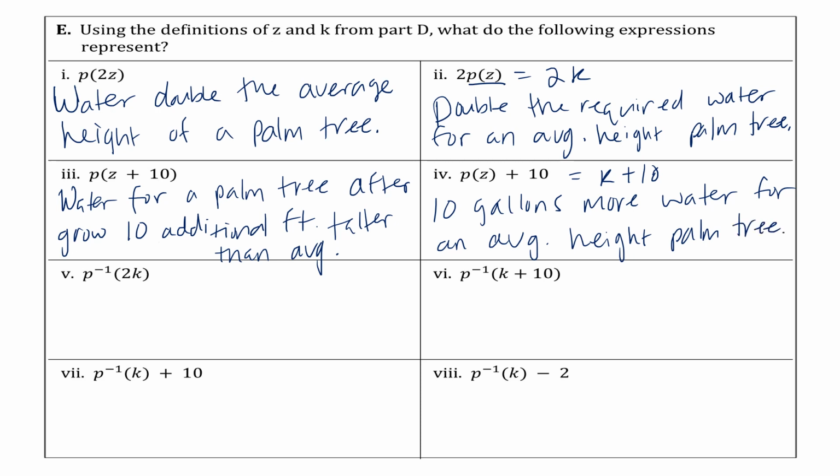Okay? All right, now it says the inverse. So if I'm now looking at the inverse, remember that means that my input and output have switched. So let's talk about what it would look like originally. If it says the inverse of 2K, well, that means that I had P of Z equal to 2K. That means 2K used to be my output. So what does that mean in terms of this problem? Well, what did we say it meant for 2K? It's going to be twice the amount of water, or double the amount of water for a tree, but we don't know its height, right?